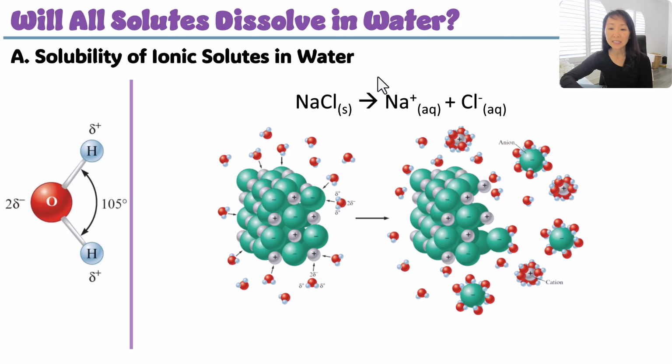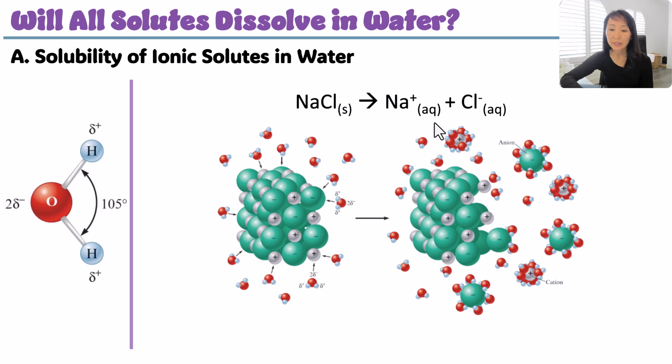You can see in this chemical equation, there is sodium chloride solid forming into sodium plus aqueous plus chlorine minus aqueous. What this aqueous means is that this particular ion has been pulled apart from its counterpart, the chlorine, and now it's solvated, or surrounded, or hydrated by water.